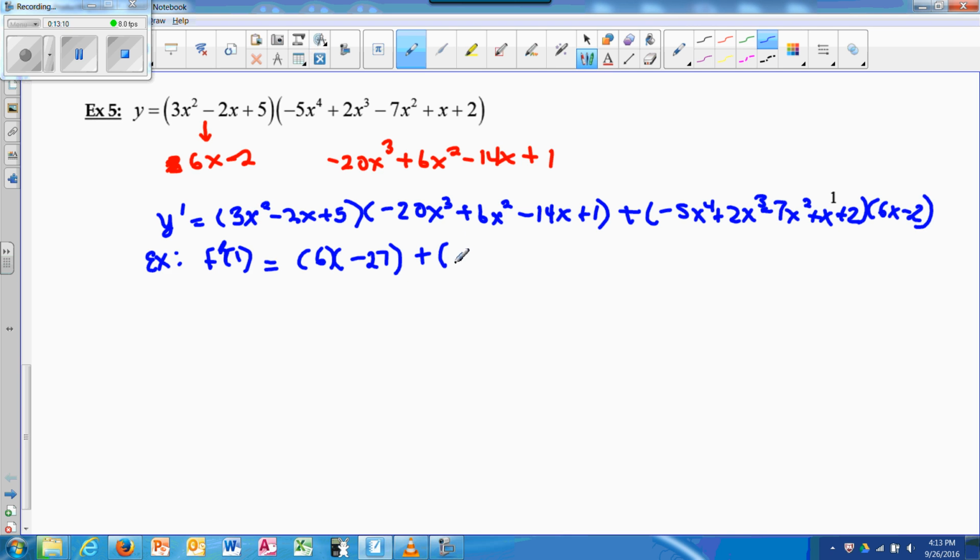Plus negative 5 plus 2, negative 7 plus 1 plus 2. So negative 7. 6 minus 2 would be 4. So this I could simplify relatively easily and really never have to simplify the algebra, just simplifying arithmetic.